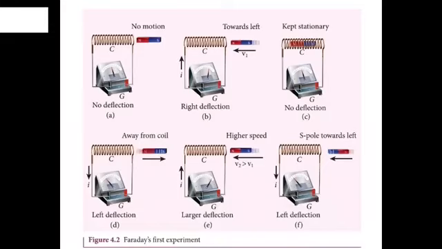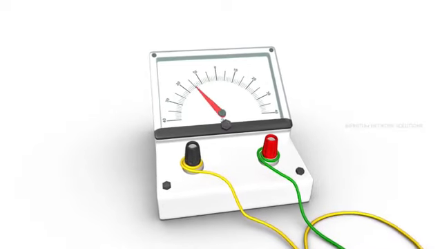If the magnet is kept stationary inside the coil, the galvanometer does not indicate deflection. The bar magnet is now withdrawn from the coil. The galvanometer again gives a momentary deflection but in the opposite direction. So, the electric current flows in the opposite direction.